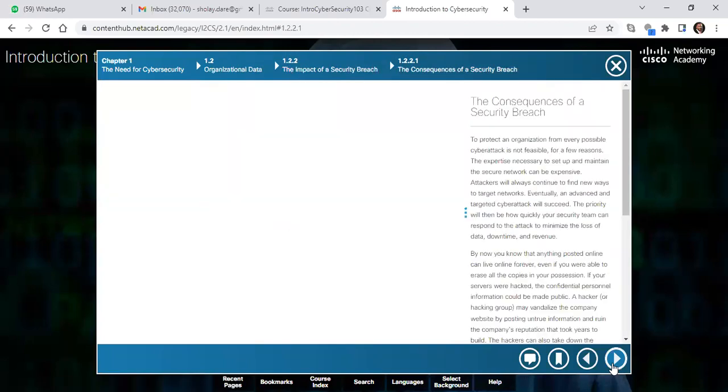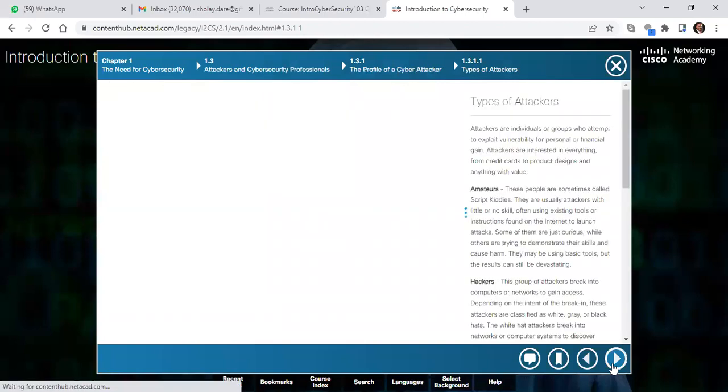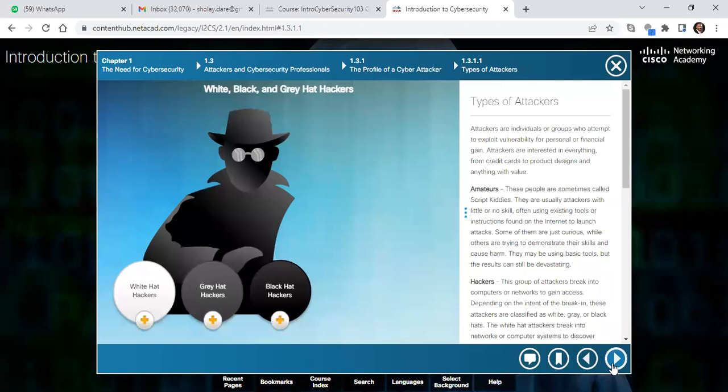So for the chapter labs, this is where we are. Yes, this is where we stopped. We're talking about the cyber attackers. Attackers are individuals or groups who attempt to exploit vulnerability for personal or financial gain.